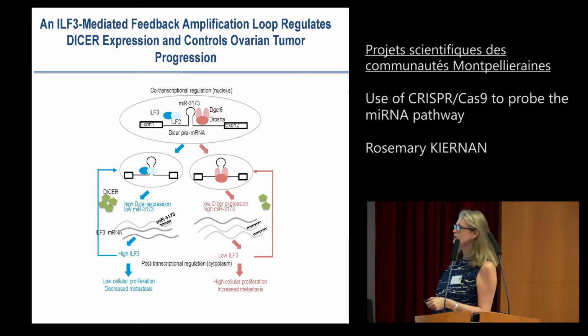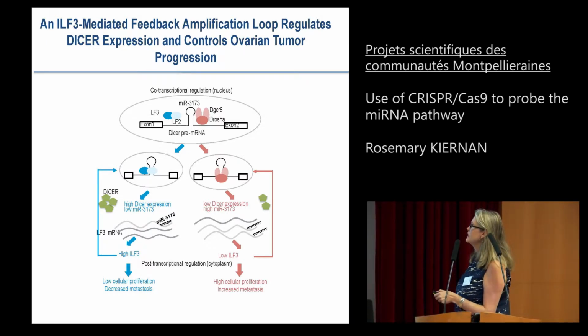This becomes a little bit more complicated because it turns out that this particular microRNA targets this factor here. So we develop these amplification loops that favor one pathway or the other. If this factor is low in the cells, we favor the processing of this microRNA, low DISA expression, high expression of the microRNA, which then induces this amplification loop, which is negative for DISA expression.